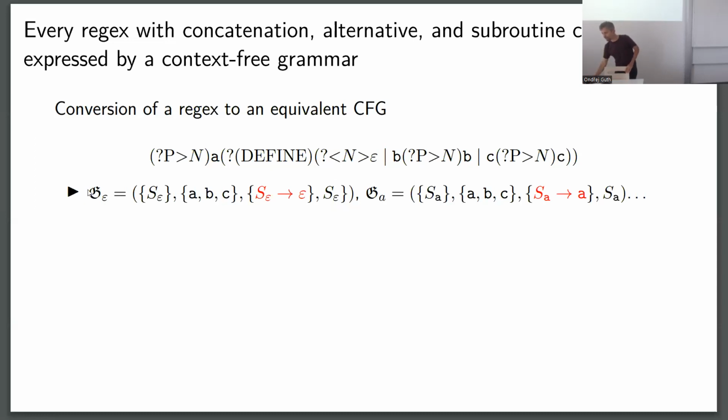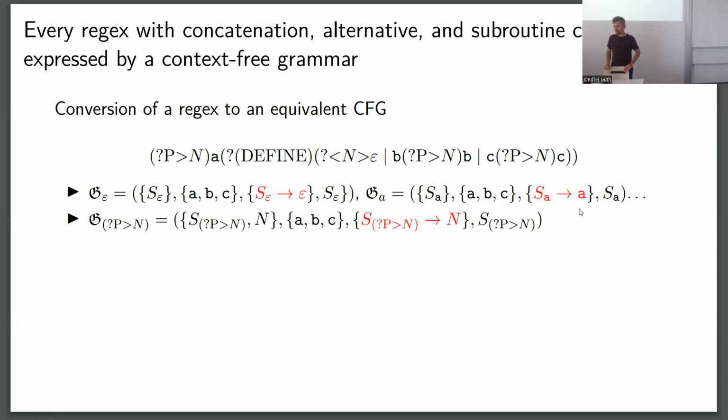So we create sub-grammars for all these sub-expressions. So a grammar for the empty string, which just generates the empty string. Grammar for all the input symbols, each of which generates just that one symbol.